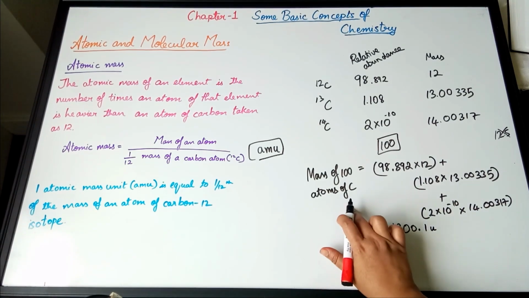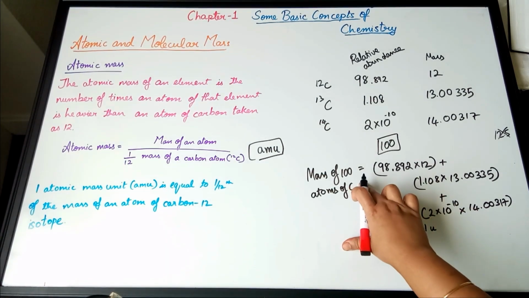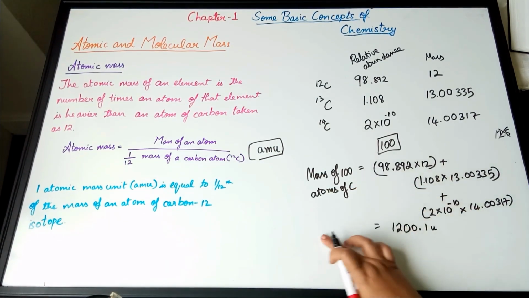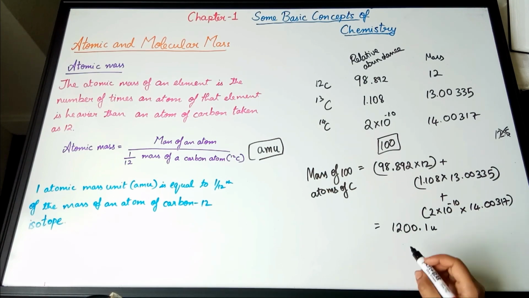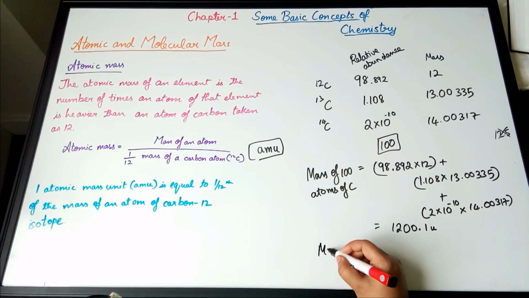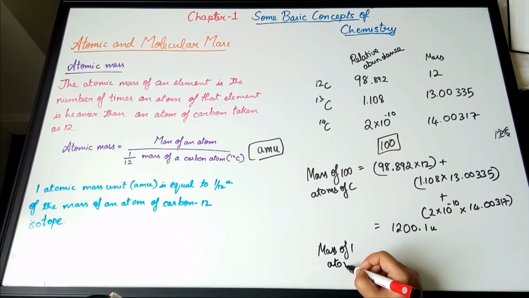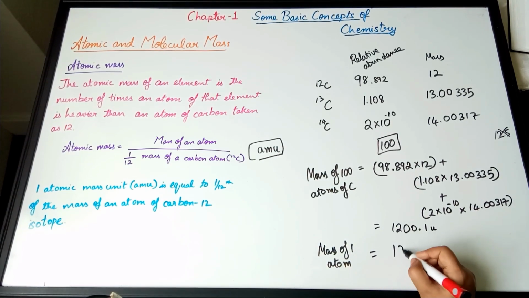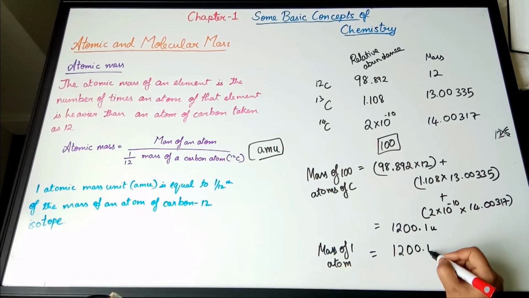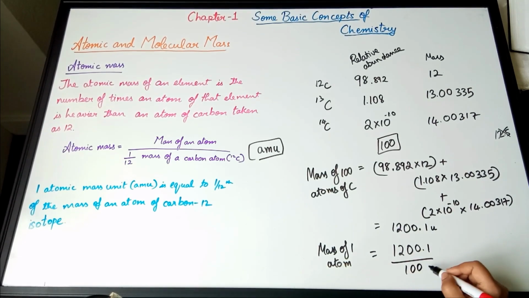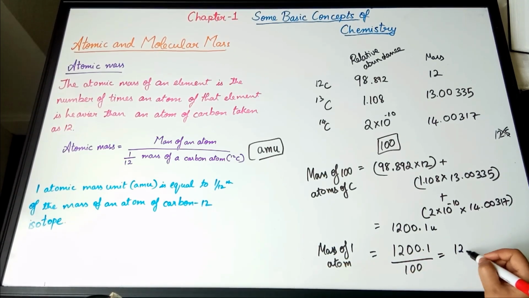Now this is the mass of 100 atoms of carbon, which means for one atom of carbon, we have to divide it by 100. One atom will be equal to 1200.1 by 100, so this is 12.001 u.